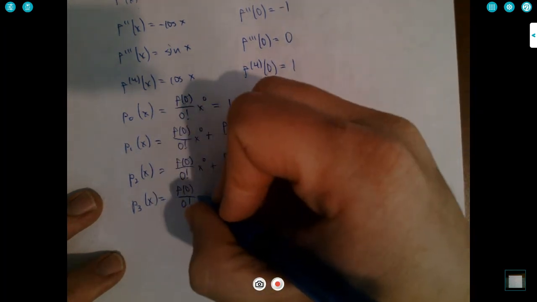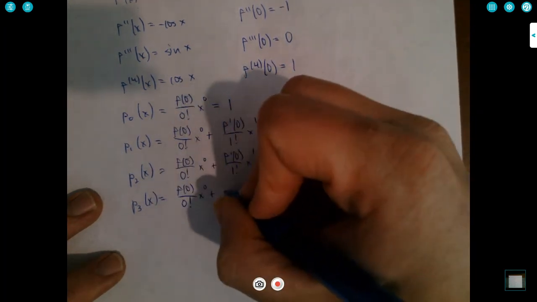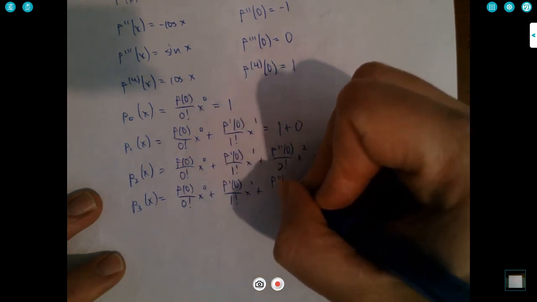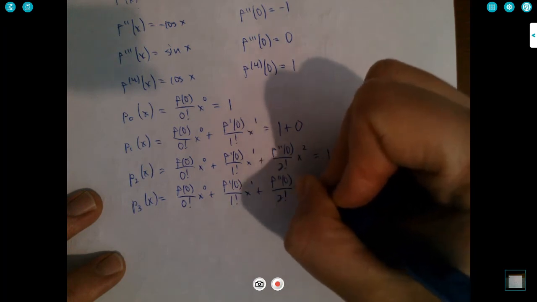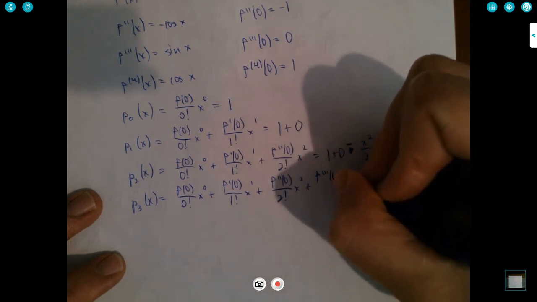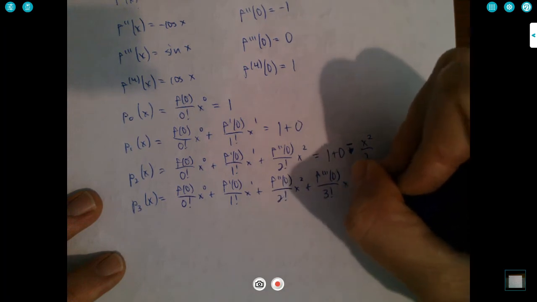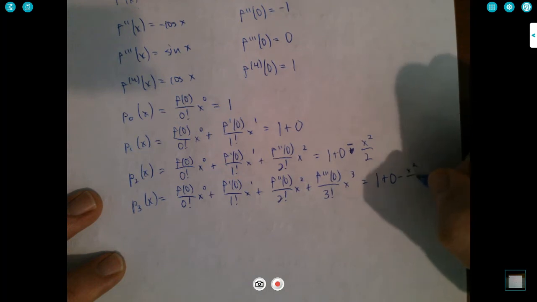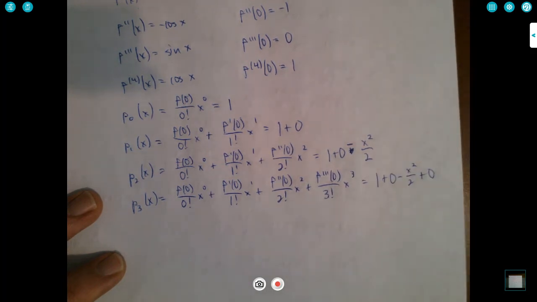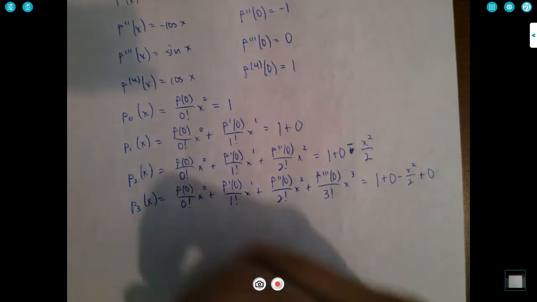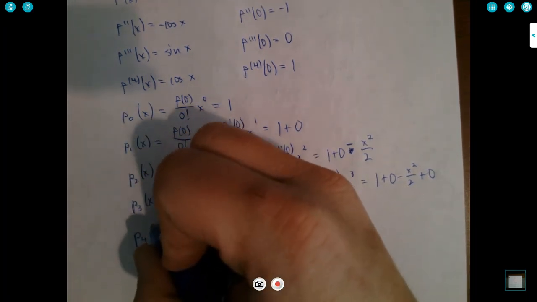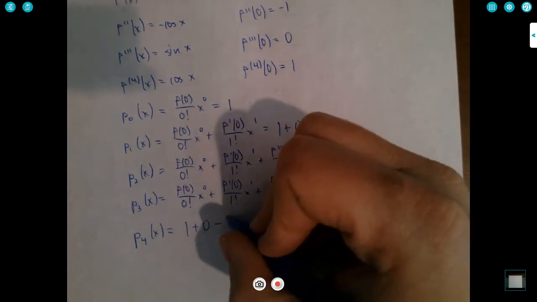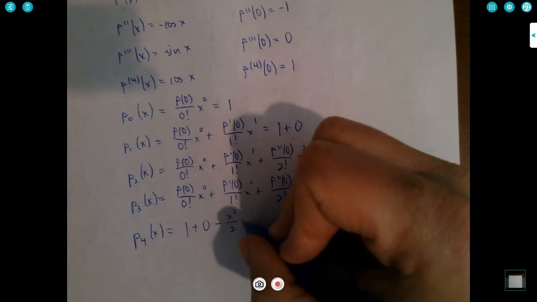So the third order is going to be f of 0 over 0 factorial x to the 0 plus f prime of 0 over 1 factorial x to the first plus f double prime of 0 over 2 factorial x squared plus f triple prime 0 over 3 factorial x cubed. That's going to be 1 plus 0 minus x squared over 2 plus 0. Kind of anticlimactic, but one more. I already know this is going to be 1 plus 0 minus x squared over 2 plus 0.